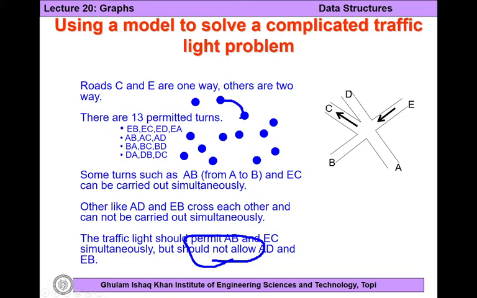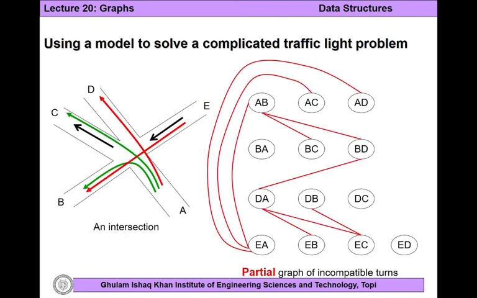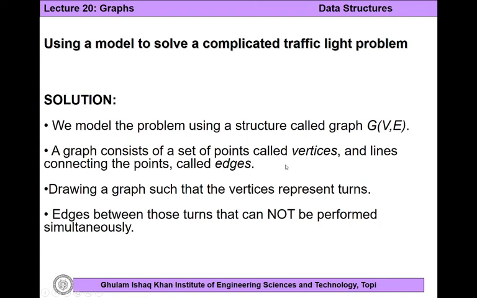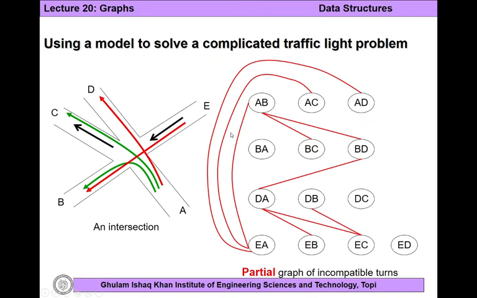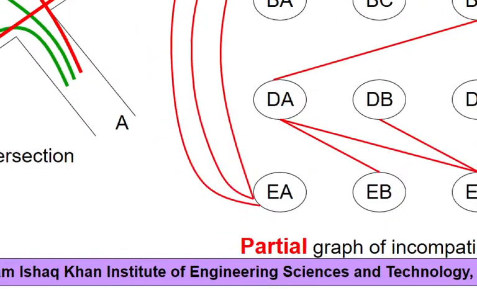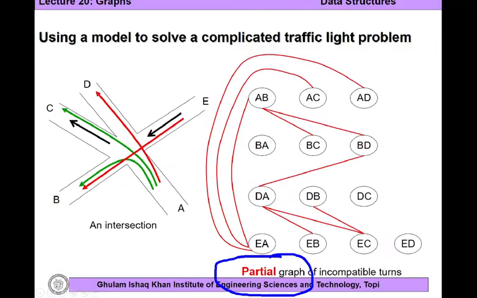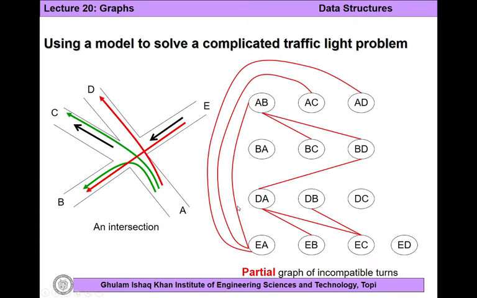You will get a graph. This is the definition of the graph I have already told you. So we will be drawing an edge between those turns that are not performed simultaneously, right? So this is a graph representation of this road network, but remember this is a partial representation. I have not mentioned all the edges explicitly.